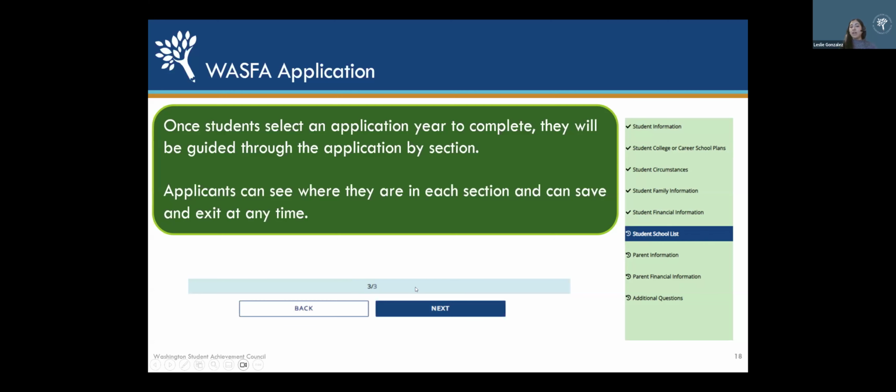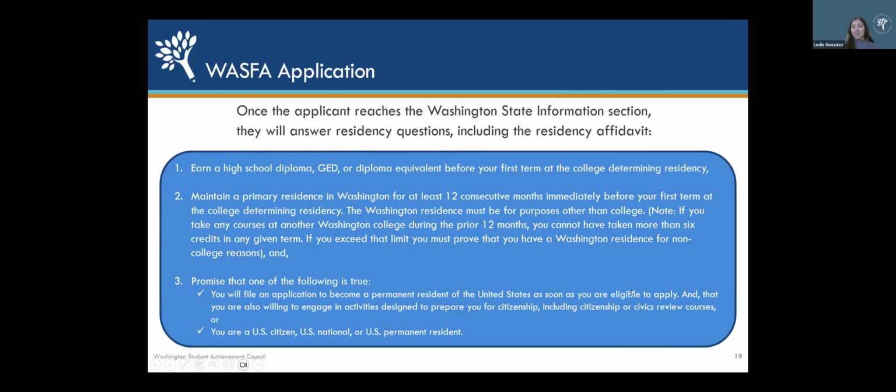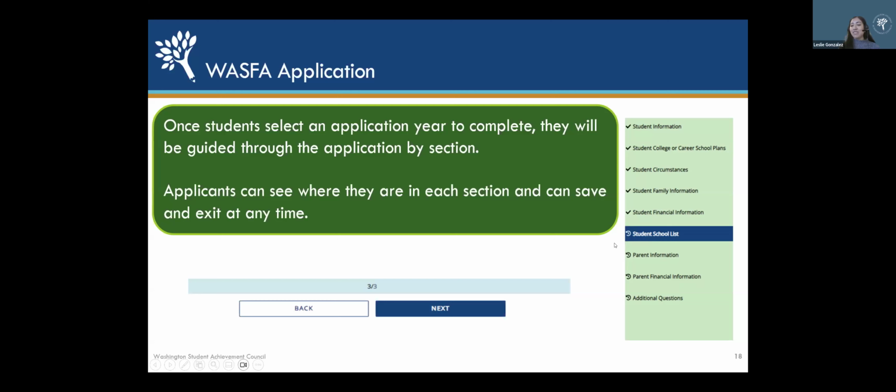So it will also have a numbered portion within a section. Students can always see where they're at in the application or how far along they are. Once they've reviewed each page of a section, it will change to a check mark. They will have this little stopwatch, letting them know that they still need to review the pages in that specific section.